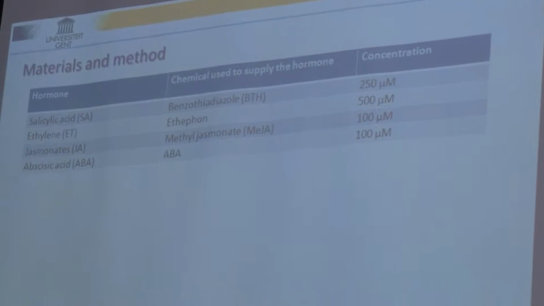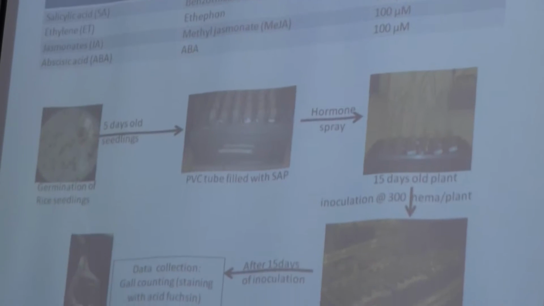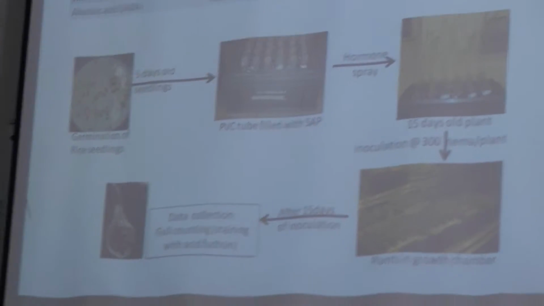We used 4 hormones, and these were salicylate, ethylene, jasmonate, and abscisic acid. The concentration of the chemicals used in this experiment is shown in the right column of the table. In the infection experiment, 5-day-old seedlings were transplanted to specially made PVC tubes filled with sand absorbent polymer. 10 days later, plants were sprayed with hormones, and after 24 hours, they were inoculated with nematodes at the rate of 300 per plant.